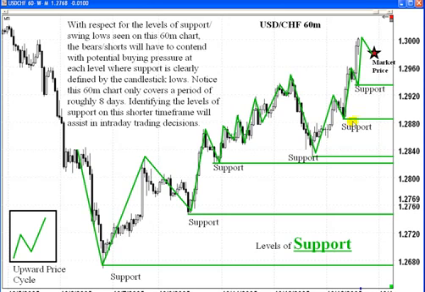Very clearly defined levels of support that the market will have to contend with if you are a bear, and whereas on the daily chart we saw 8 months of data being covered, here we see only 8 days of data being covered. Data meaning price action for a period of 8 days.